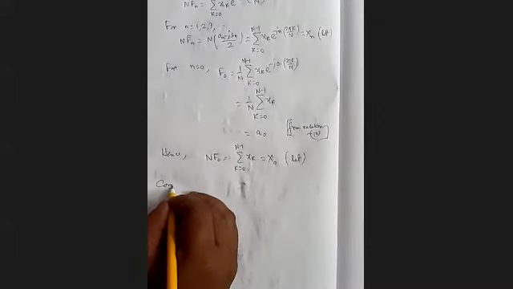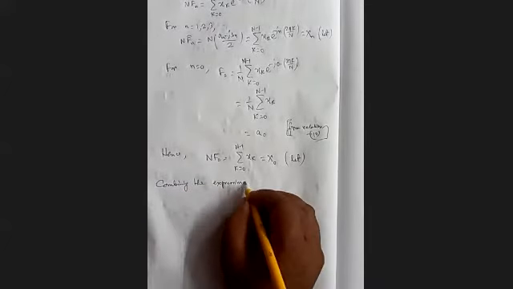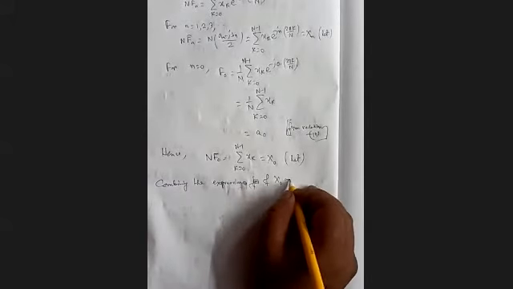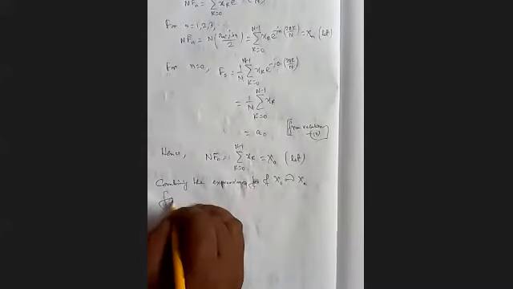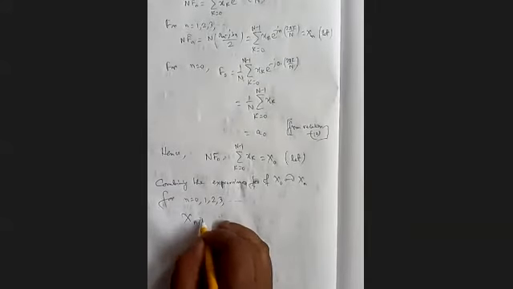So combining the expressions for x0 and xn for n equal to 0, 1, 2, 3, all these. So this is our xn.